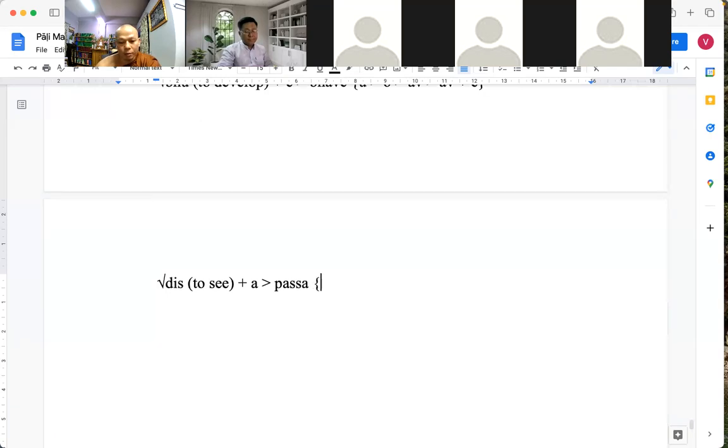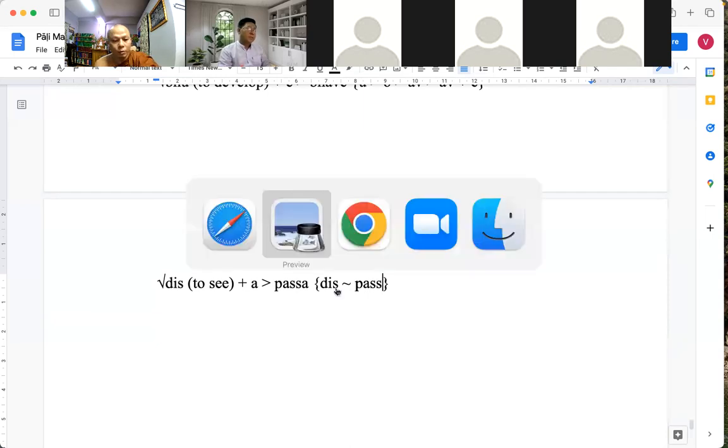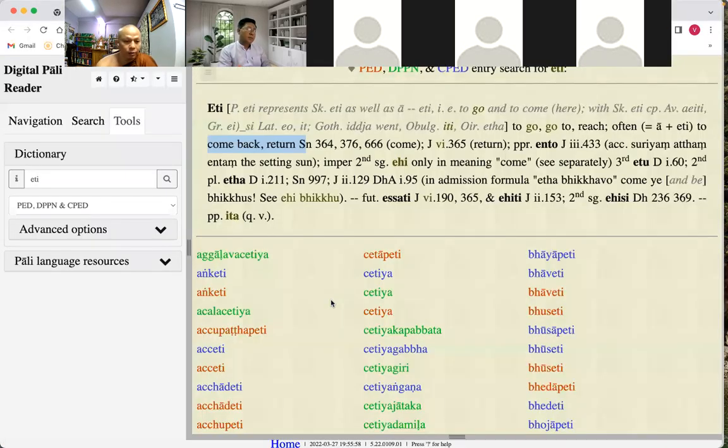So here, the possible explanation is, not changing. So these are replaced by the pass. Is replaced by the pass. In Pali, we consider it as this, but in Sanskrit, pas also. So we can see in the dictionary.